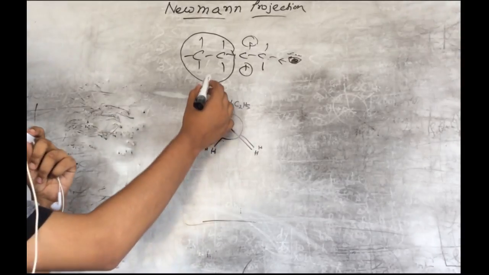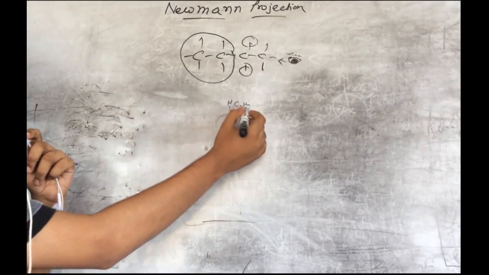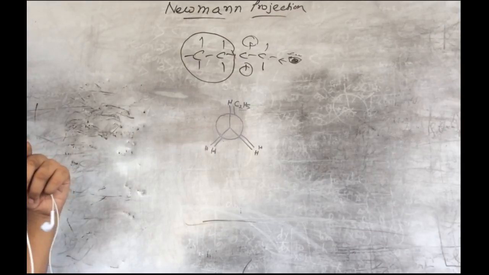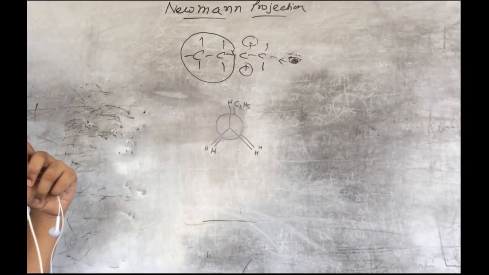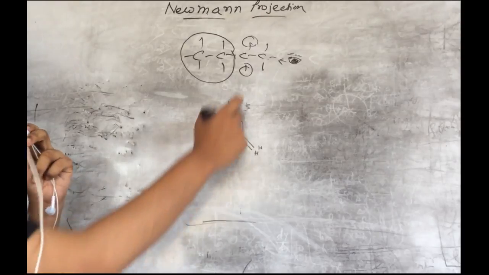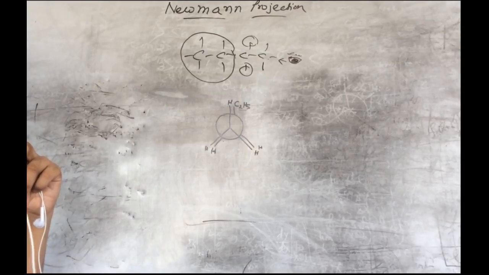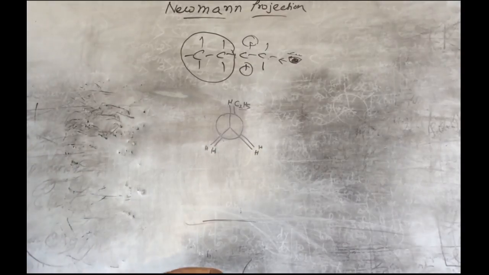So here we can write this one as C2H5, which is acting as a substituent now in Newman projection, and also you have two hydrogens. So in this way it is quite easy to convert a line angle projection to a Newman projection. And so let's move on to the Sawhorse projection.